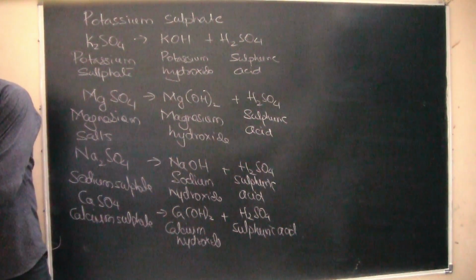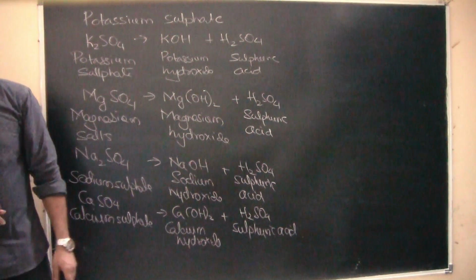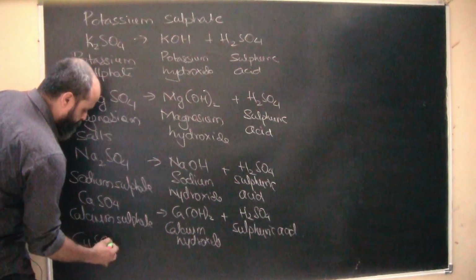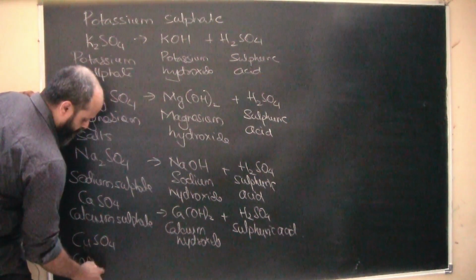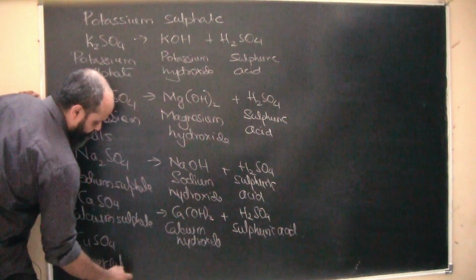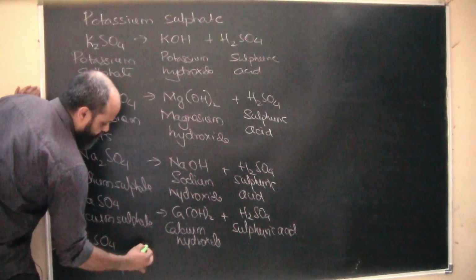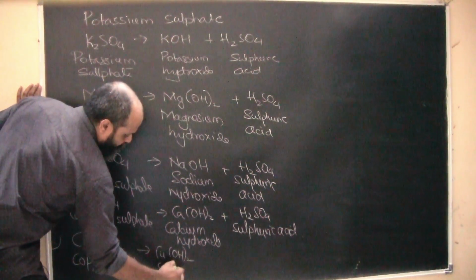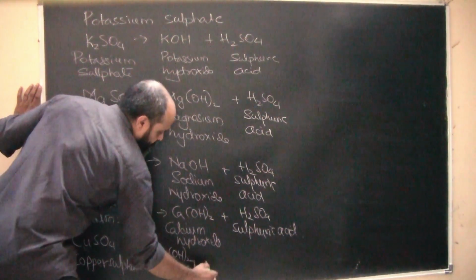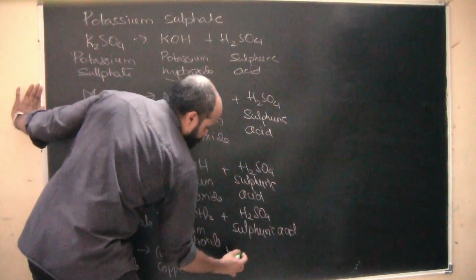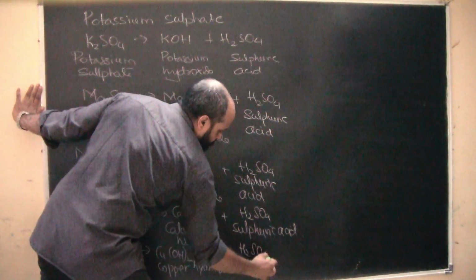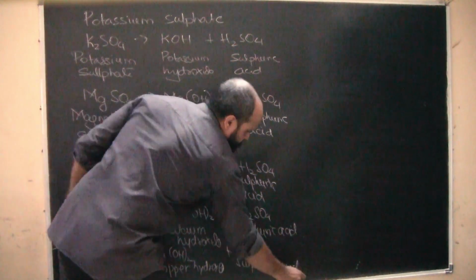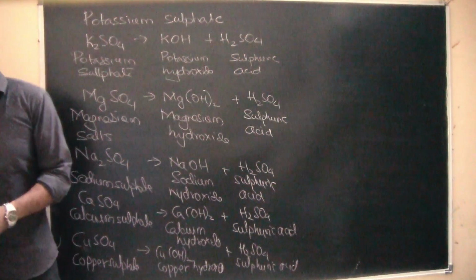Then we have, let's say, copper sulfate. That is formed from copper hydroxide and sulfuric acid. A lot of sulfate salts we have here.